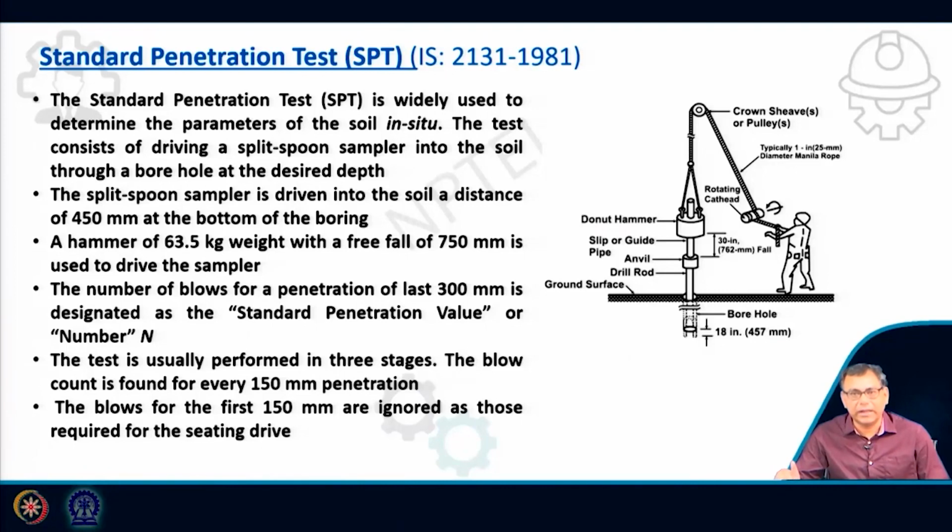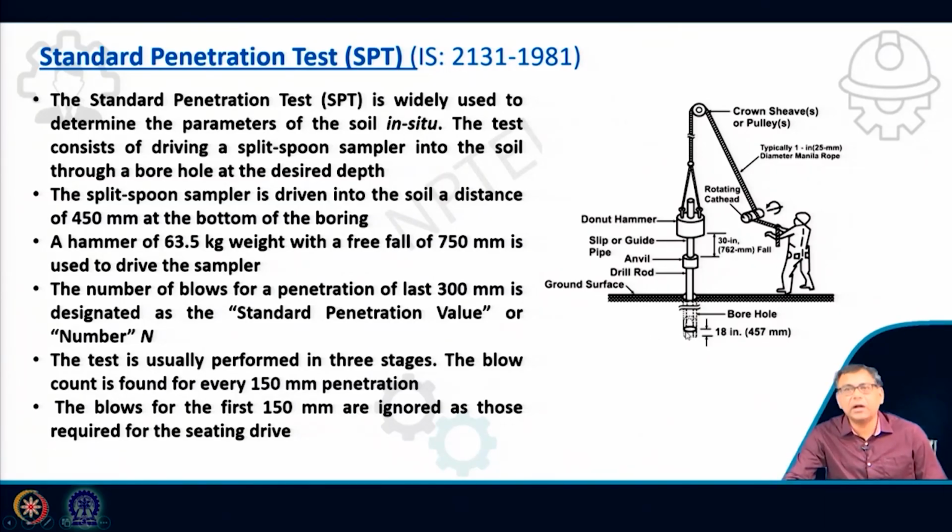At that depth, we place the split spoon sampler, and then we apply the hammer blows and drive that sampler tube. You can see here, this is your split spoon sampler, and at the required depth, we drive it for 450 millimeter at the bottom of the borehole.